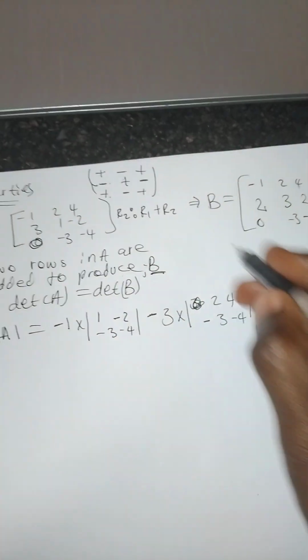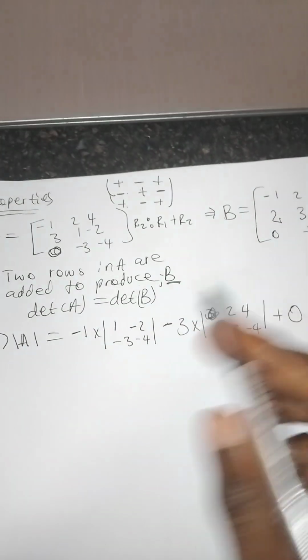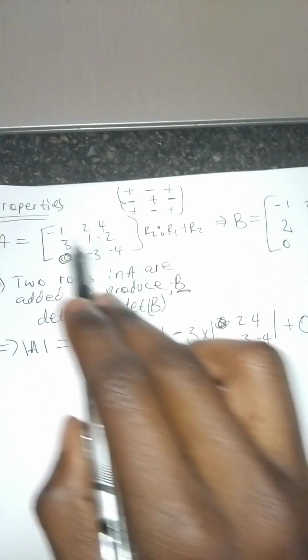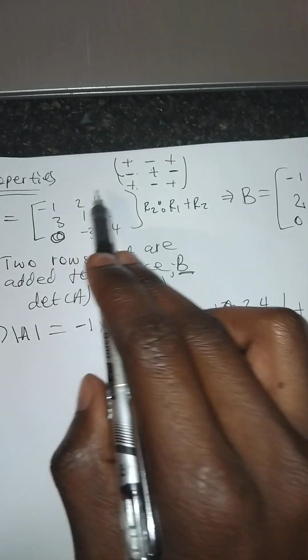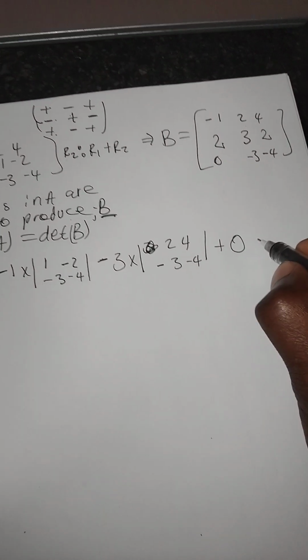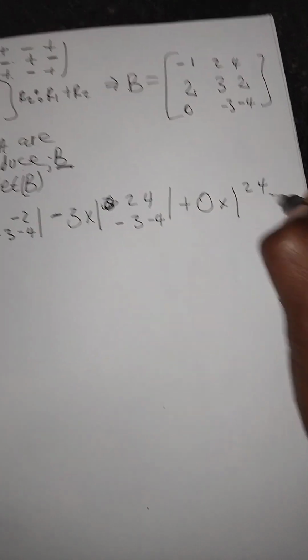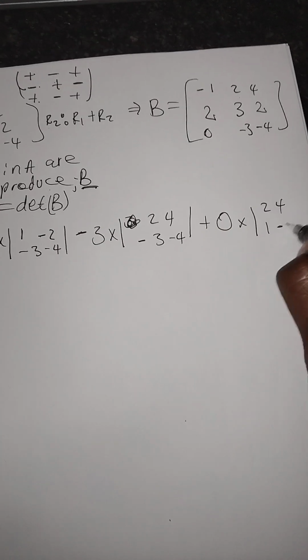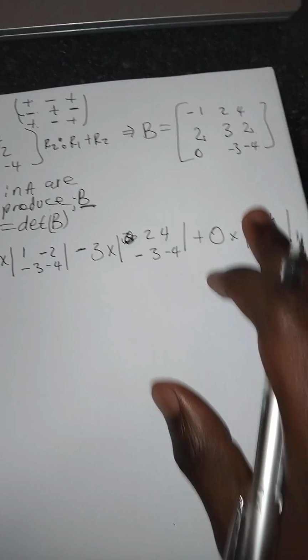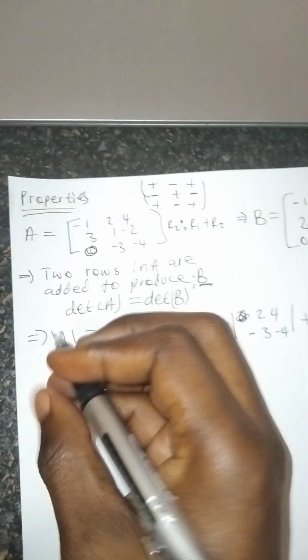Then the last one is going to be plus 0. Yeah, 0, we're going to cancel this one and that one, then we remain with 2, 4, 1, -2. Then 0 is going to be multiplied with 2, 4, 1, -2. I didn't want to waste time writing this, but however, yeah, let's just do it.